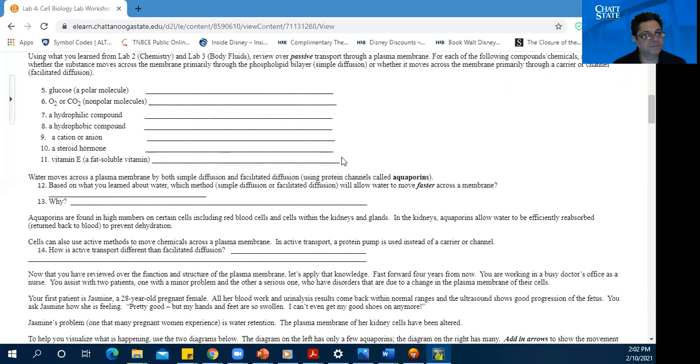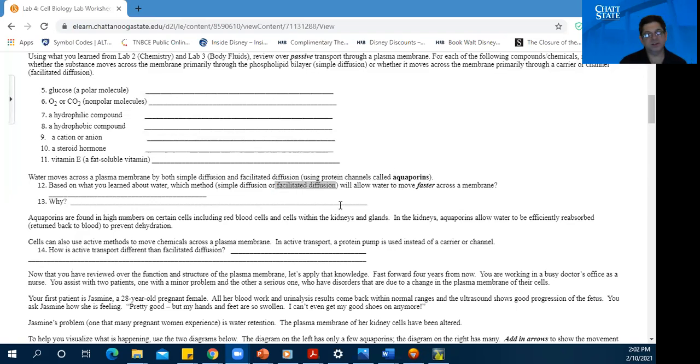Okay, great. Moving on. For number 12, we look at the aquaporins, of course, and we talk about water moving through the membrane, either of these two methods. Well, the preferred method is always facilitated. Osmosis is just a kind of facilitated diffusion. The book may not say that very clearly, but since we're using a carrier, the aquaporin, anything with a carrier, in this case, if it's passive transport, is going to be facilitated diffusion.